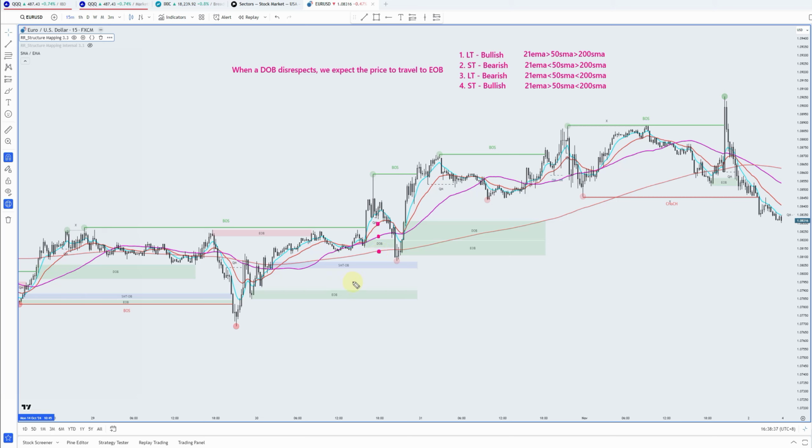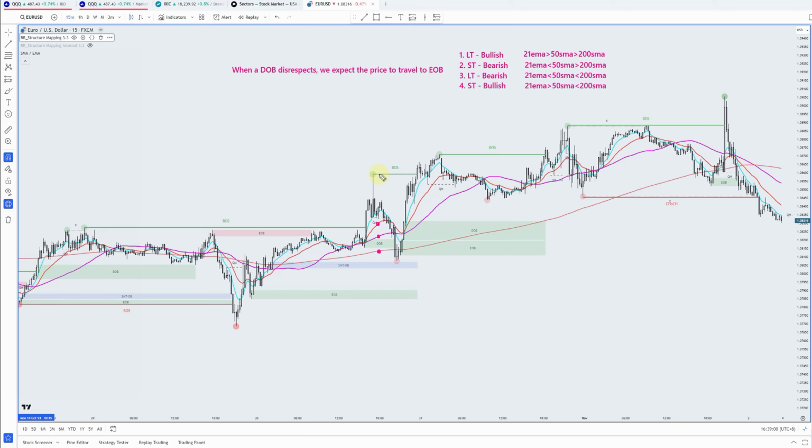So why would you sell when everything is long-term bullish? Think about it. Rather than looking for a sell here on this bullish range, you are looking for a buy here.